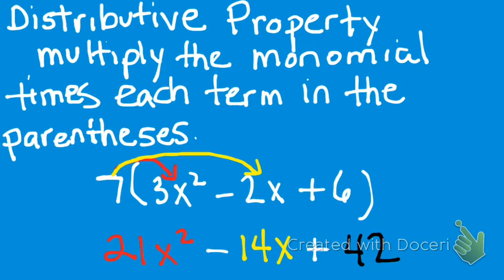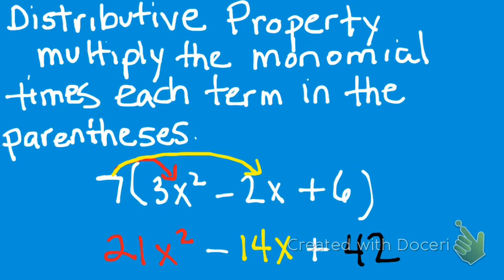I also want to review distributive property with you. When you're doing distributive property, you're multiplying the monomial in front of parentheses times each term in the parentheses. In the example below, 7 is outside the parentheses, and there are 3 terms inside the parentheses, so we will be doing 3 multiplications.